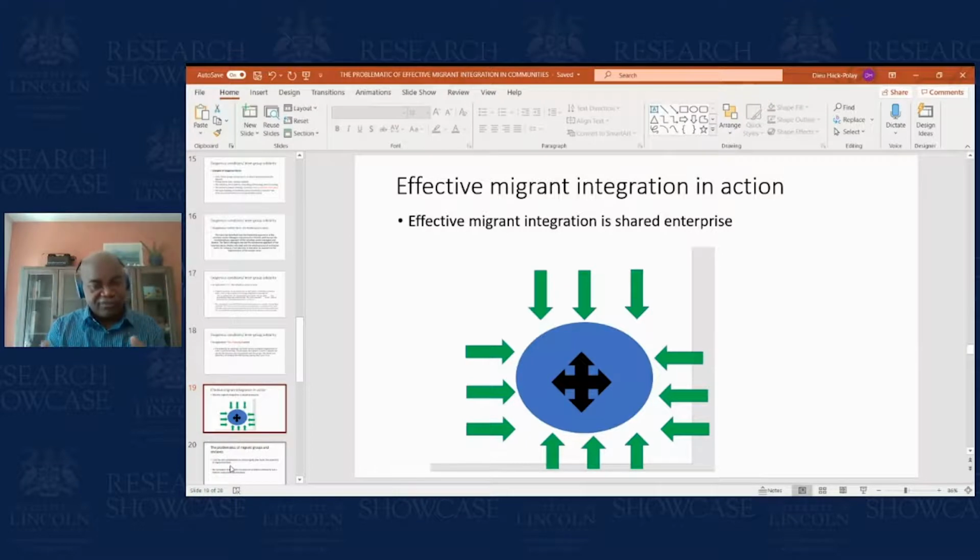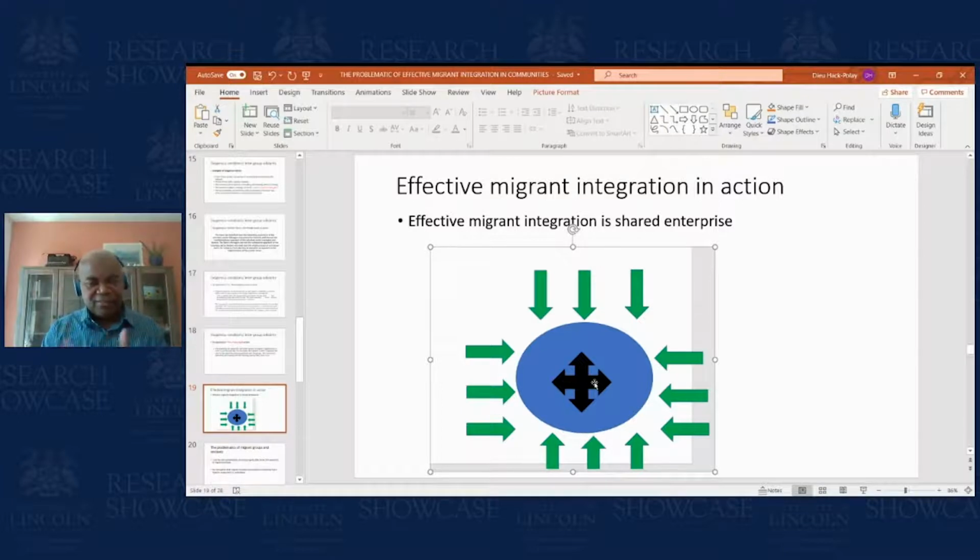And the model I came up with is an integrative model, which is really looking at migrant organizations sitting here, doing their own thing. And on the other side, we have the external forces coming onto the migrant. So the migrants tend to integrate some of these values, but in return, as we can see within those arrows, the migrants then release some of their own values, their own cultures into the locality.